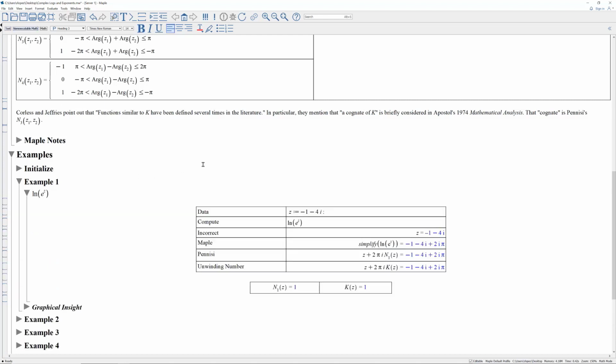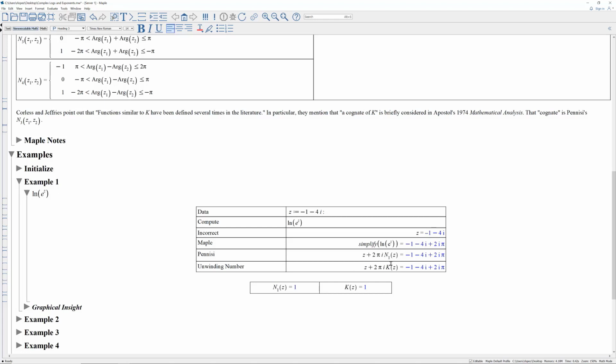First example is log of e to the z, and I picked this for z. And what we want to compute is log of e to the z. If you simply say log of e to the z is z, you will get this number. But if you use Maple here, which has the principal value of the complex logarithm built in, log of e to the z is this number. You'll notice this is the adjustment factor.